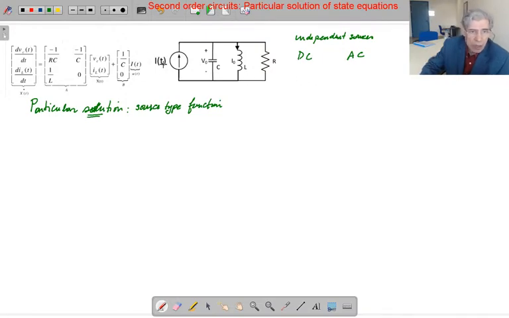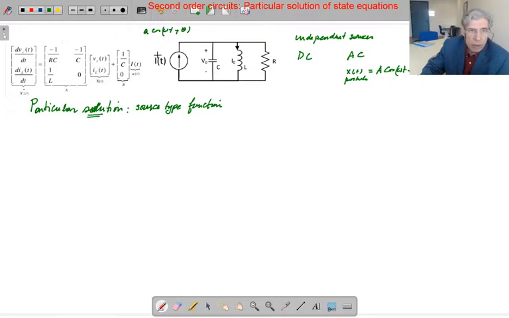So if I(t) is an AC source, then the particular solution, let's say x(t) particular, is going to be in this format, A cos(omega t plus phi). This is not I(t), that is the particular solution that we are going to calculate. So if this is a cosine type, let's make it A cos(omega t plus theta).